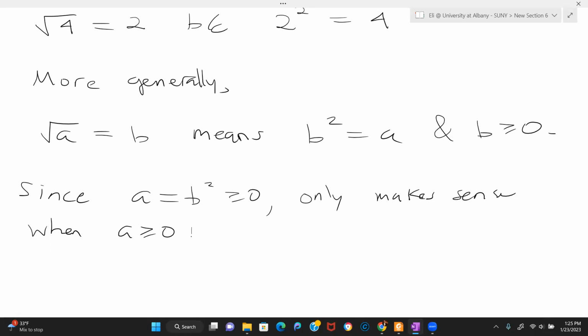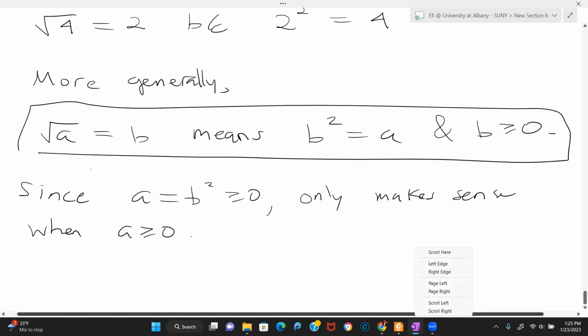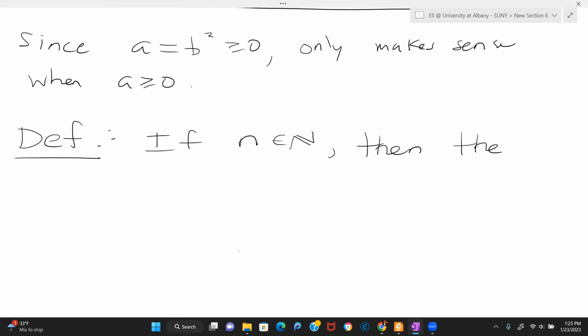So from this idea, we can define the nth root. It works off this definition very analogously. So let me write down that definition. Here's a definition. We take n to be any positive integer, then the nth root of a, or I should say, it's not just the nth root.